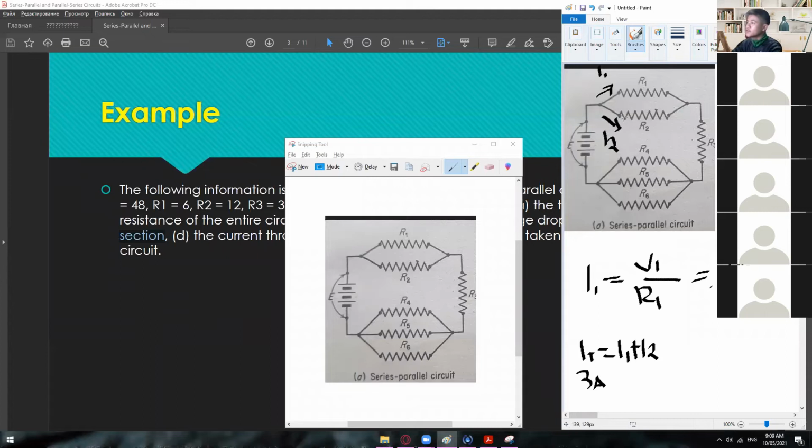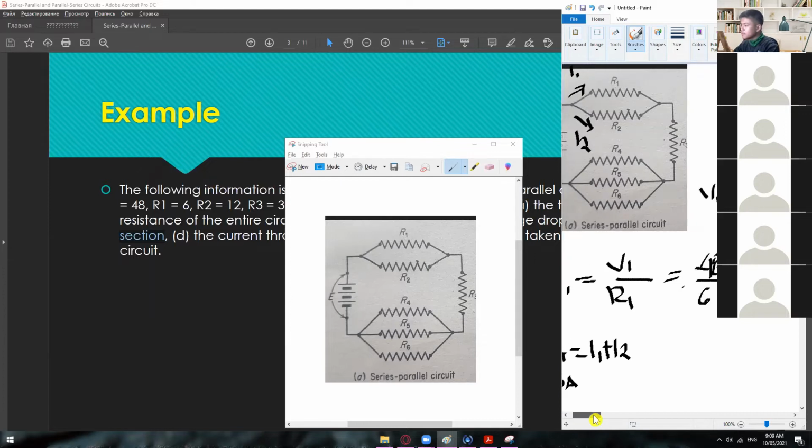So applicable lang to kapag parallel connection. Pero kapag nasa series, syempre, bawat connection, palit ng palit yan. So in here we have 48 volts and then for the R1 we have 6 ohms. So 48 divided by 6, you'll get, bakit 8 amps?